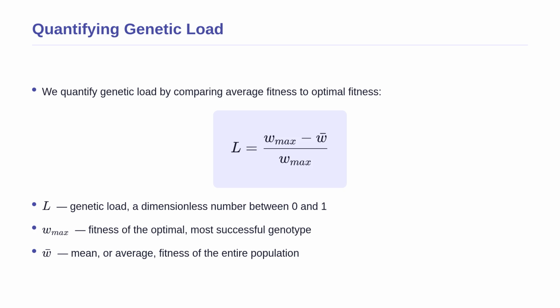The variable W bar represents the mean, or average fitness of the entire population. We calculate the difference between the maximum possible fitness and the actual average fitness, and then divide by the maximum fitness. If the average fitness decreases due to an influx of bad mutations, the genetic load will increase, indicating a less healthy population.